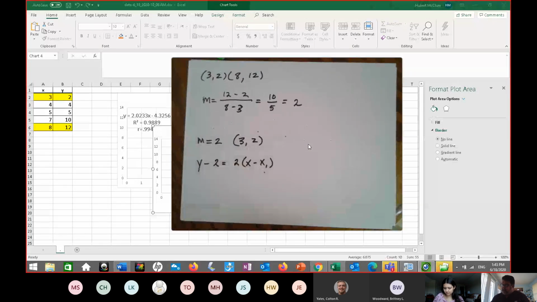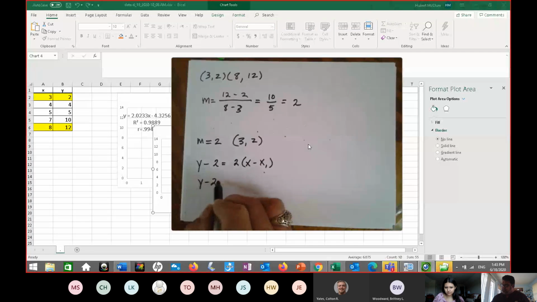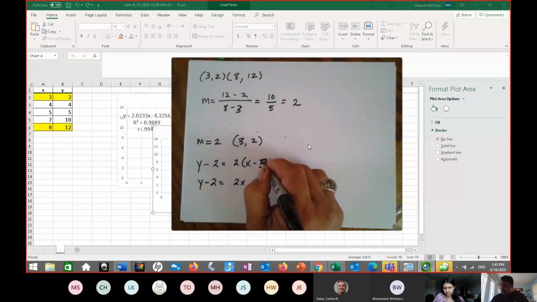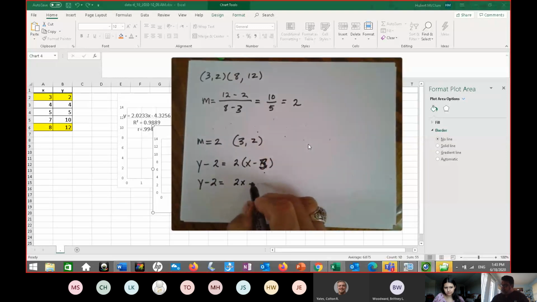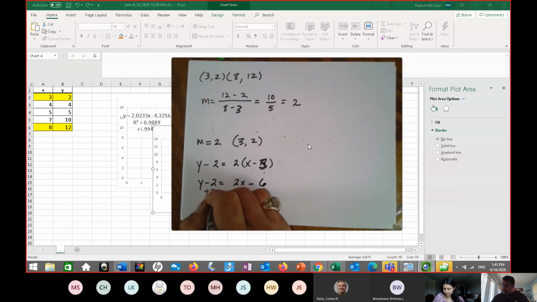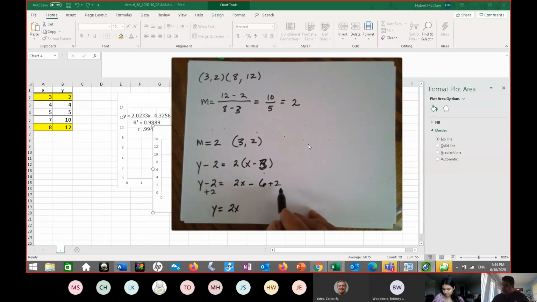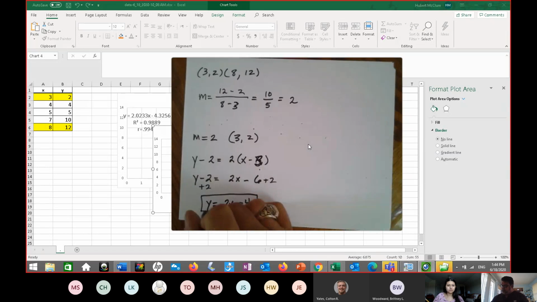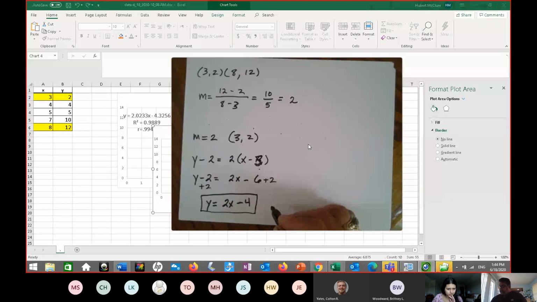Y minus 2 is equal to 2x, oops, that's supposed to be a 3. 2x minus 2 times 3 is 6. And then add 2, y is equal to 2x, negative 6 plus 2 is negative 4. Now that's what I would get. And your slope is equal to 2.